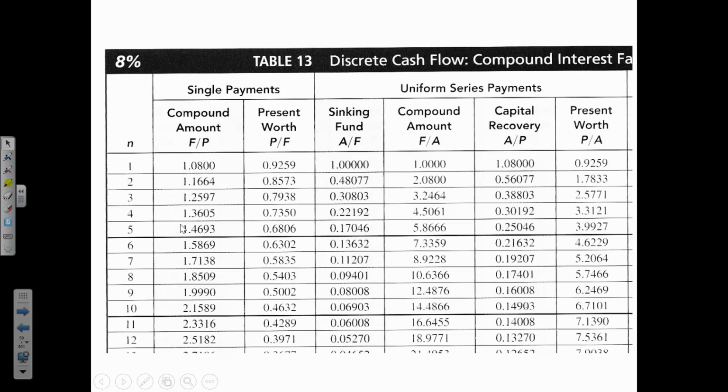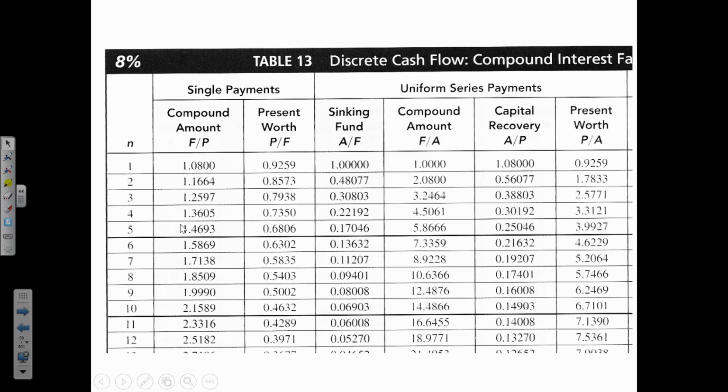So if the amount is getting bigger in the future, you'd expect this ratio to be greater than 1. And it is. The ratio of the future amount to the present amount is, for 1 year, 1.08. And that makes sense. If it's 8% interest, then the future amount is going to be 1.08 times as big as the present amount.